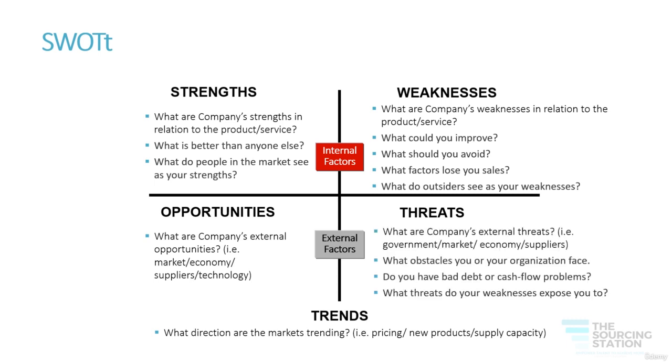Threats, again, are usually from internal as well as external. So think of it from the obstacle perspective. What are the obstacles you are facing or your supplier is facing right now? Is it the cash flow or debt problem? Or is it the supply and demand imbalance? Or if you really can't think of a threat from an external point of view, link it to the weaknesses.